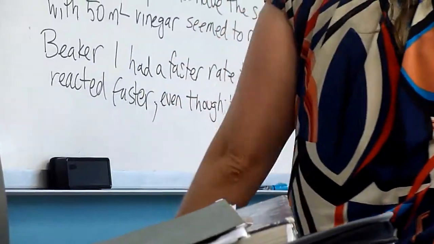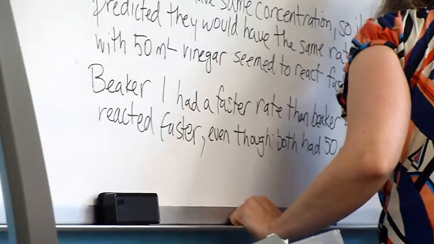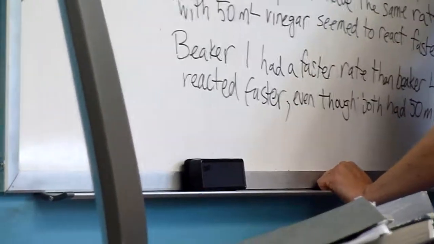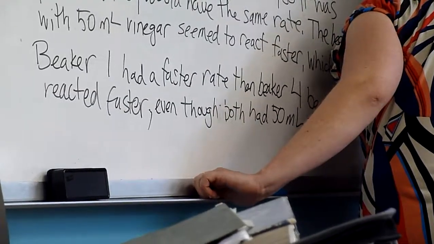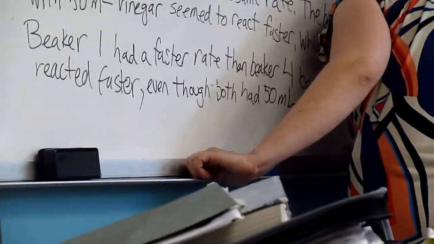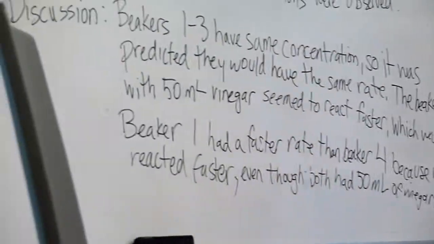Vinegar went at a faster rate than beaker 4 because more concentrated vinegar reacted faster. Even though both had 50 milliliters of vinegar, because beaker 4 had water. Okay, I wedged the H2O in there.